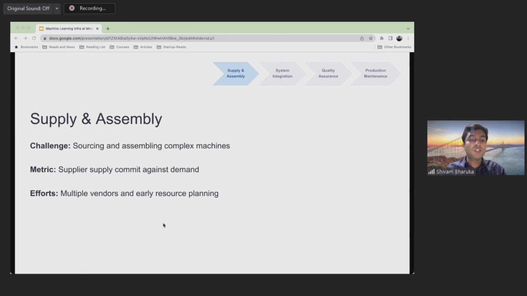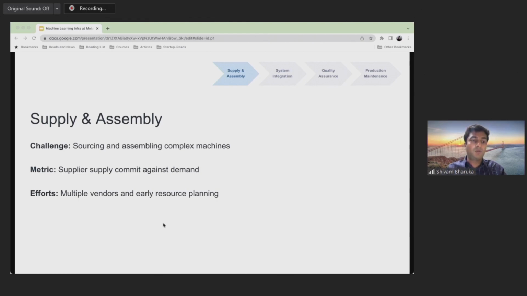From each of our suppliers, we take a commit against the demand which Meta has across multiple quarters. And we ensure that the commitments are met at a P90 or a P95 level, such that we can de-risk the capacity requirements and the demand requirements we have in the coming quarters.